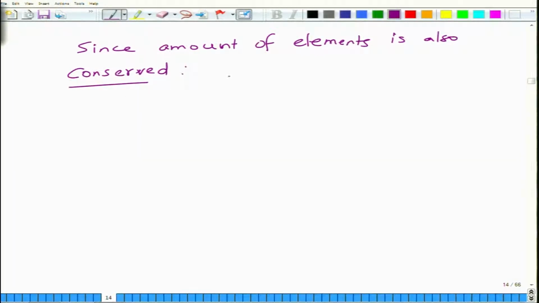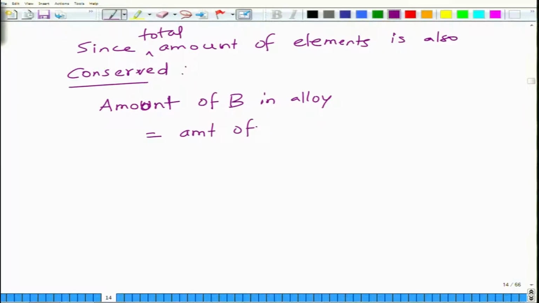which means the total amount of element is also conserved. The amount of B in the alloy is equal to the amount of B in alpha plus the amount of B in beta. The amount of B in the alloy is given as C naught.